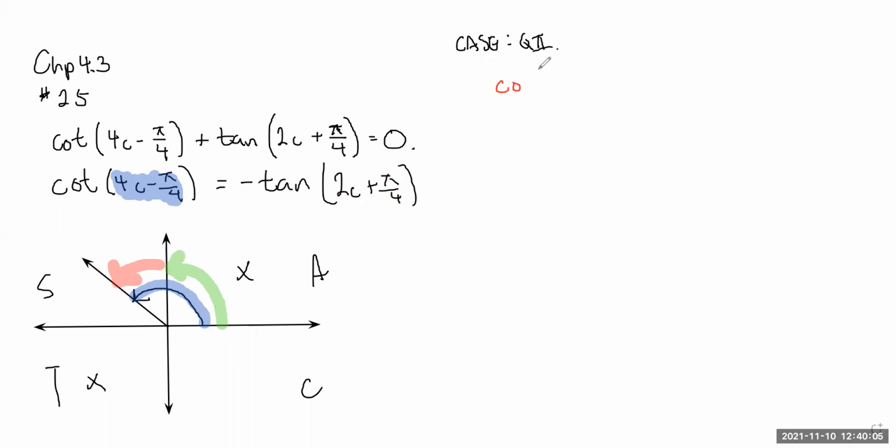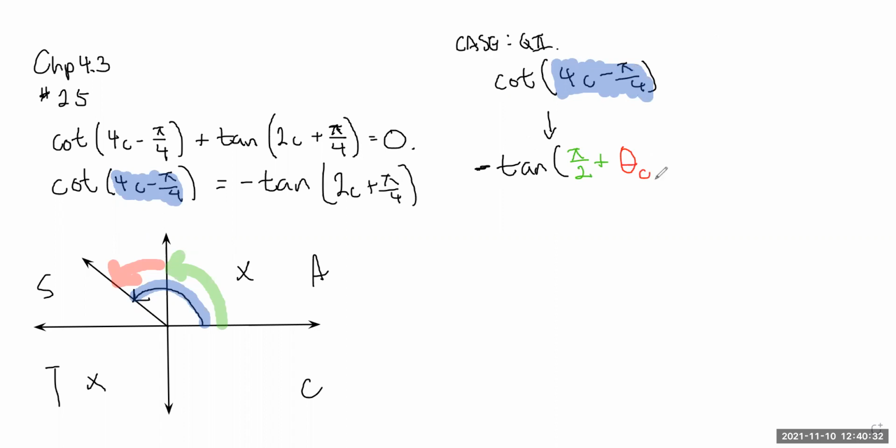Let me use black again. Cotangent of 4c minus pi over 4, which is in blue, can be rewritten as negative tangent of the green angle pi over 2 plus the correlated angle.